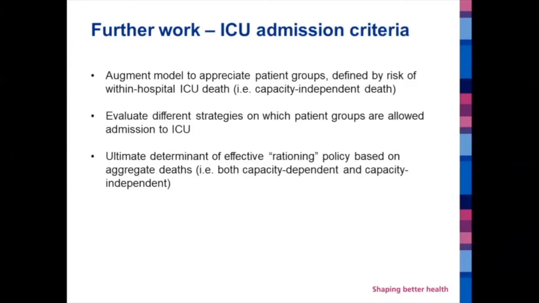So this is the kind of next steps, and this will be really useful, and this is what we're hearing from the clinicians, in terms of understanding the effect on total deaths, capacity dependent and independent, through different rationing policies.